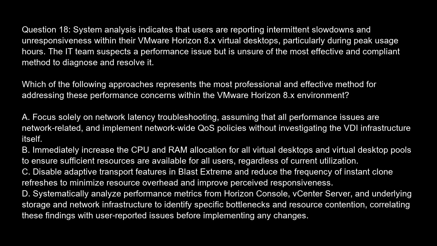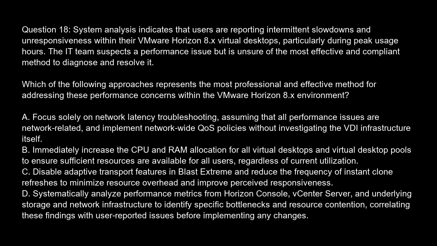Option A. Focus solely on network latency troubleshooting, assuming that all performance issues are network-related, and implement network-wide CoS policies without investigating the VDI infrastructure itself. Option B. Immediately increase the CPU and RAM allocation for all virtual desktops and virtual desktop pools to ensure sufficient resources are available for all users, regardless of current utilization.